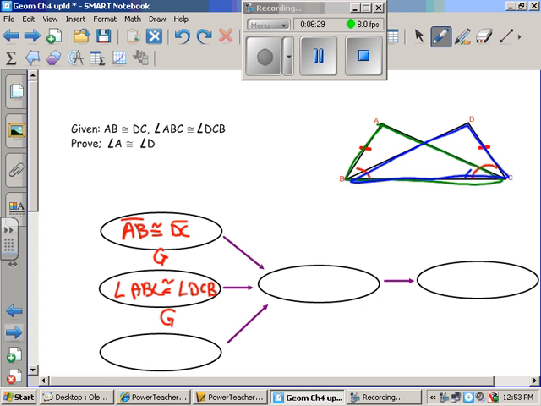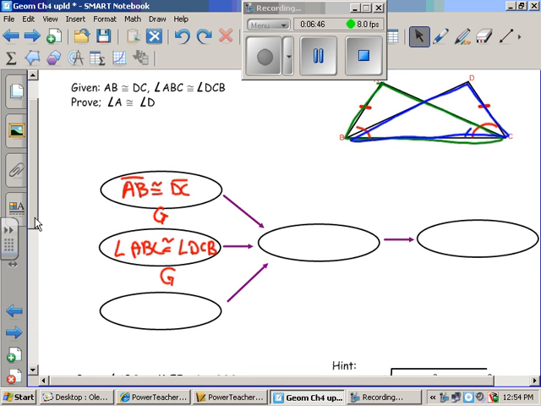Do we know any other sides or angles that are congruent so I can get my third thing? Yeah, exactly. Always be on the lookout for those reflexives because they're helpful. So BC, which is the base of the green triangle, is congruent to BC, which is the base of the blue triangle.